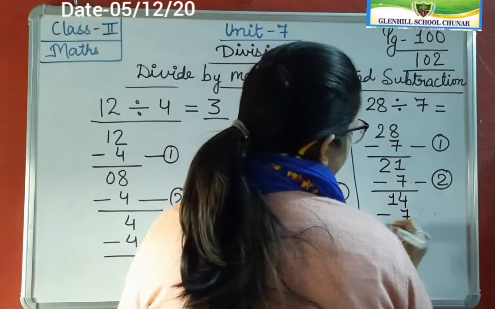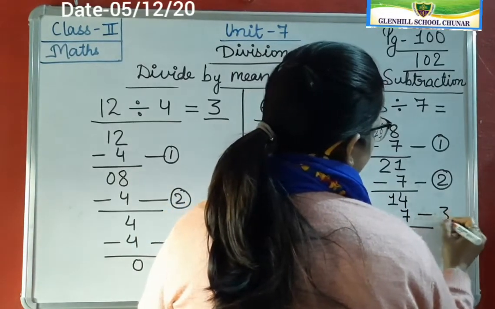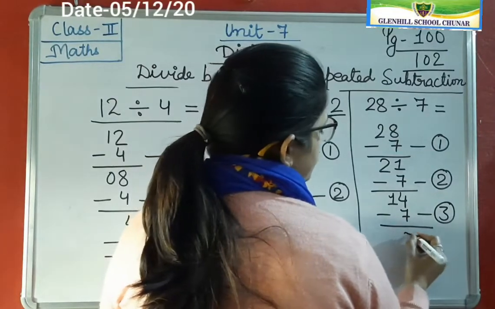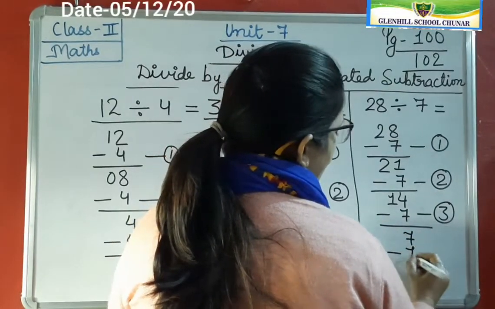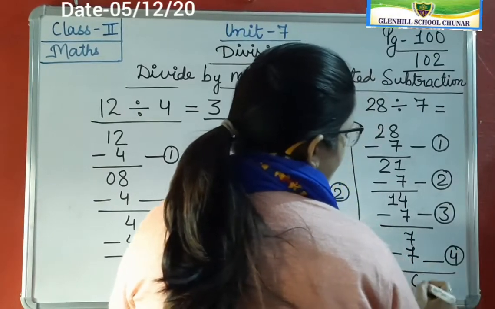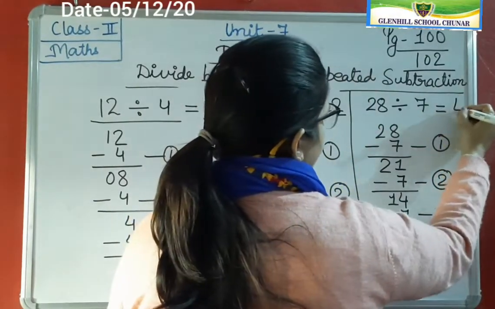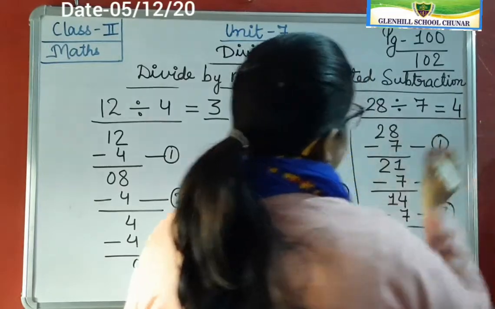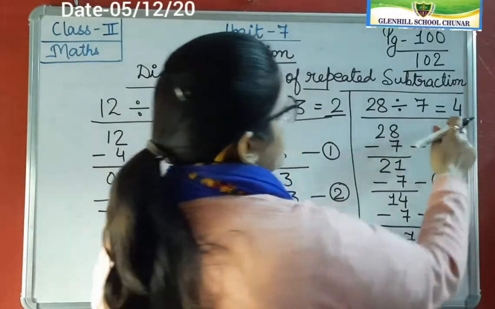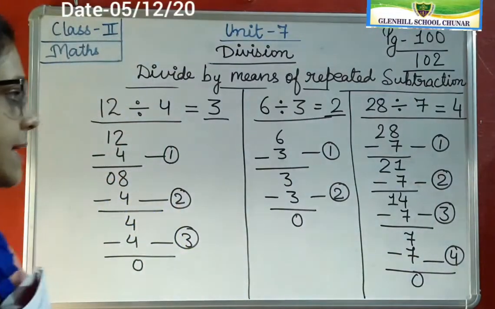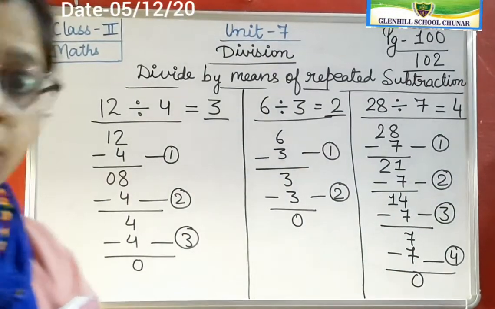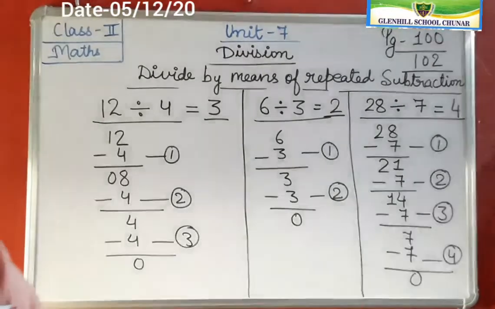Again 7, 3 times, 14 minus 7 becomes 7, and again 7, 4 times, it comes 0. Means the answer is 4. 28 divided by 7 is equal to 4. So it is the right answer and like this only you have to do it in your book. Okay? Do it, student.